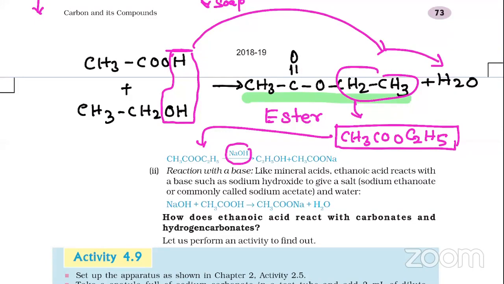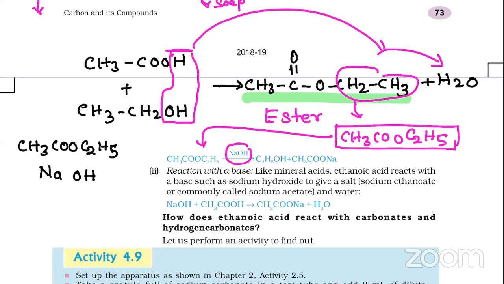So I am writing at the left hand side CH3COOC2H5. Okay, and the second reactant we have is NaOH.